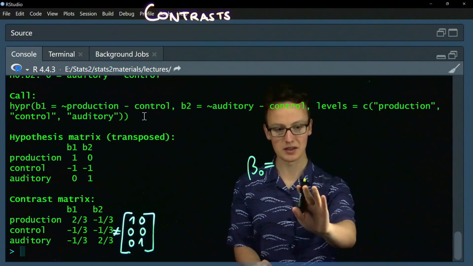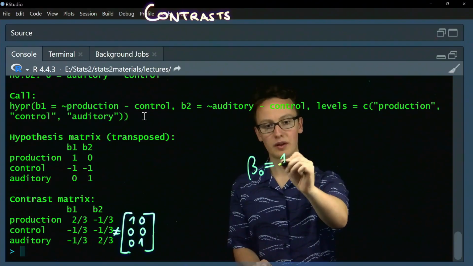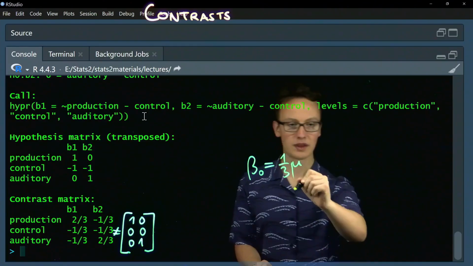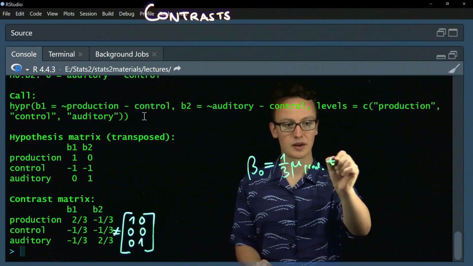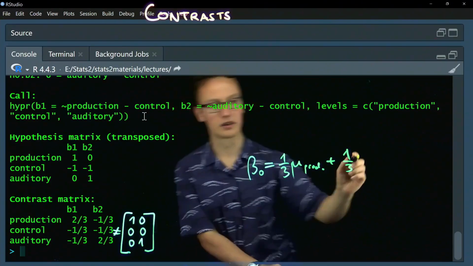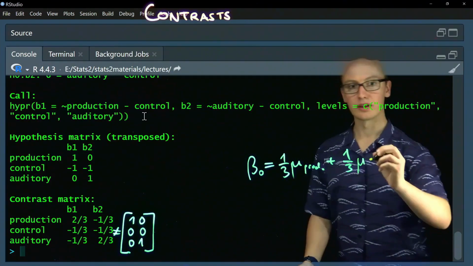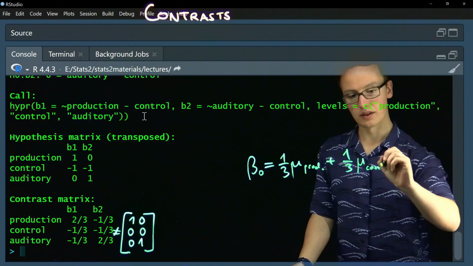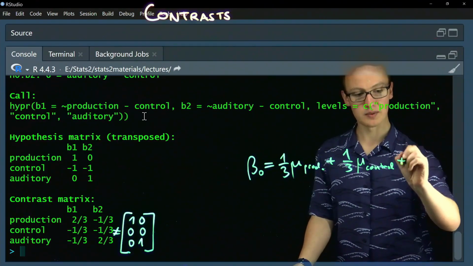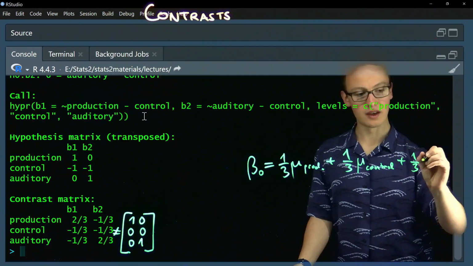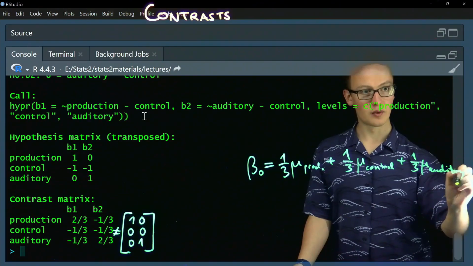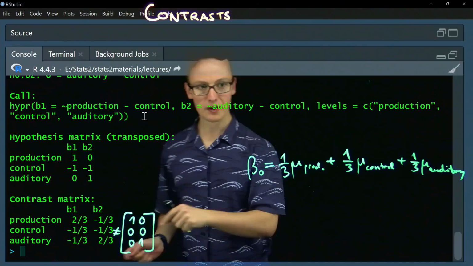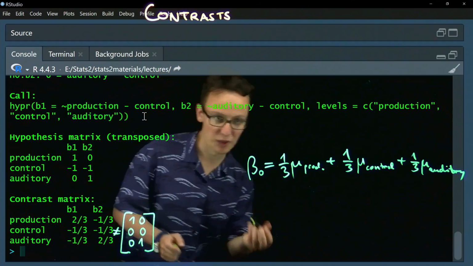So it will say beta 0 is going to be, in this case, 1/3 of the average of the first group, so production, and then plus 1/3 of the average of control. Like, it doesn't matter in which order you write it, of course, plus 1/3 of the average of the auditory condition. So this is the way in which this is different from the traditional treatment coding.